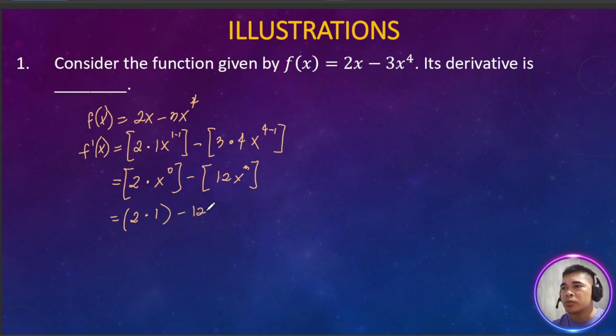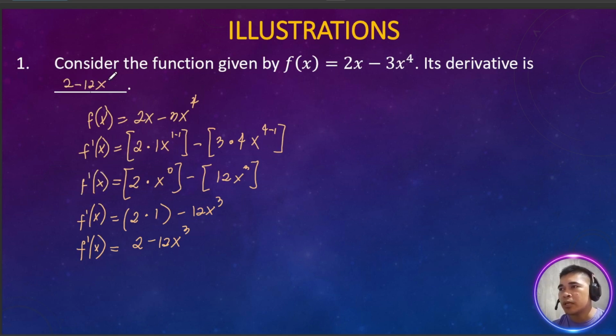So minus 12x cubed. So we have 2 minus 12x cubed. So that is our final answer. That is the derivative of 2x minus 3x to the power of 4. The answer is 2 minus 12x cubed. So that is the final answer.